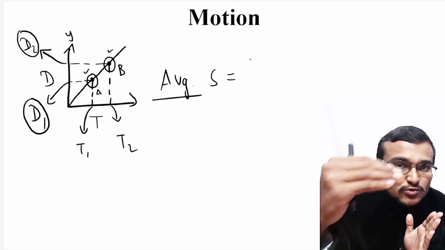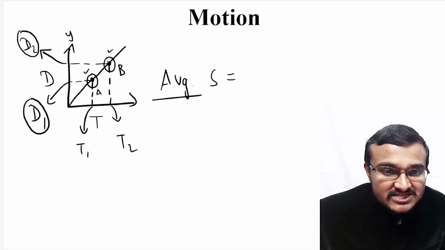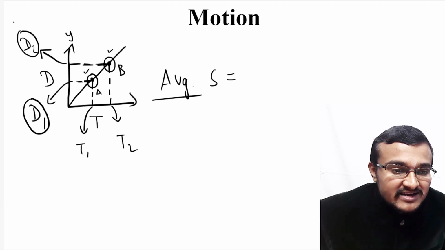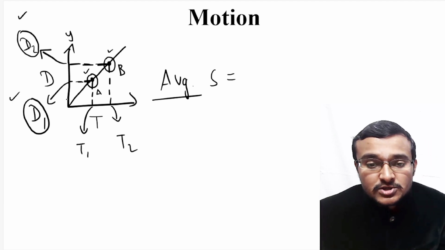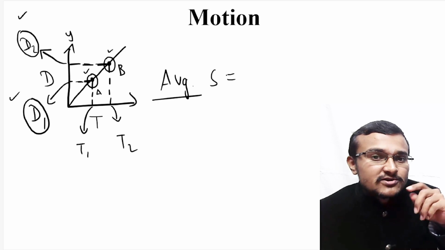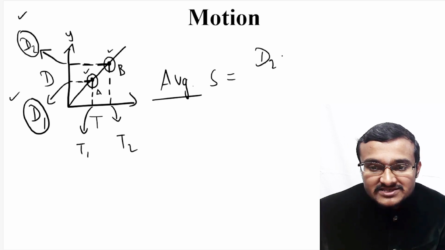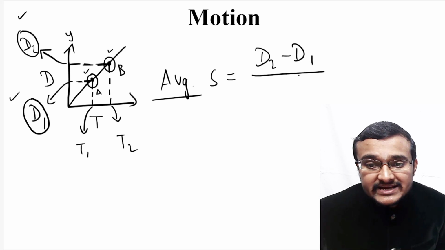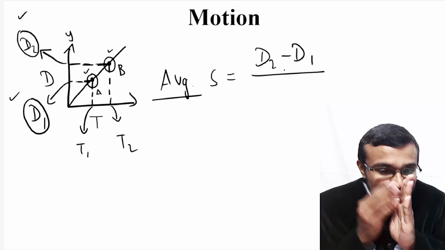That will be d2 minus d1, because you don't know the distance between A and B. That's why we draw this perpendicular line towards the y-axis, so that we get the initial and final positions, that is d1 and d2. The subtraction of d1 from d2 will give you the total distance. So d2 minus d1 will be the total distance covered, divided by the total time, the time taken from t1 to t2.